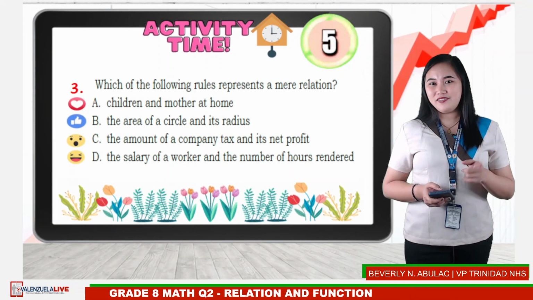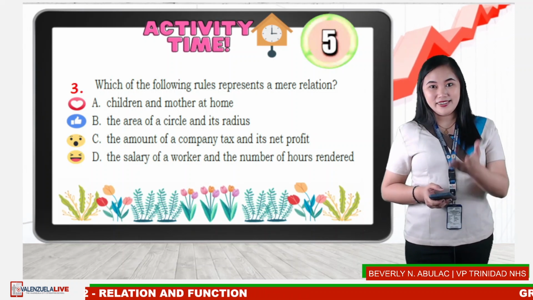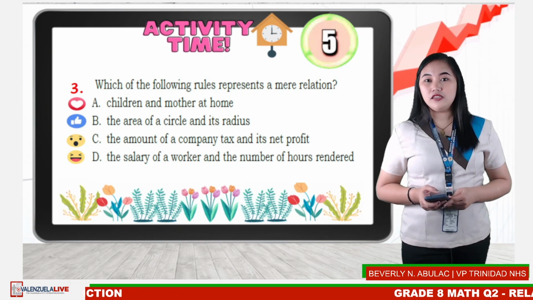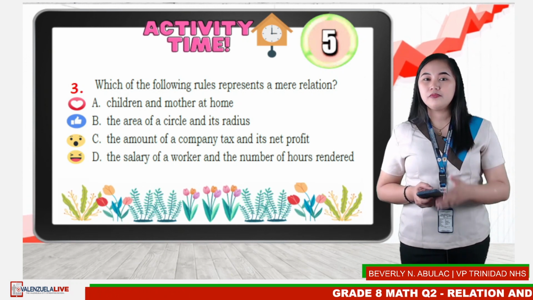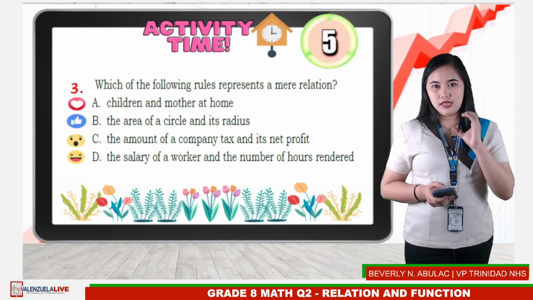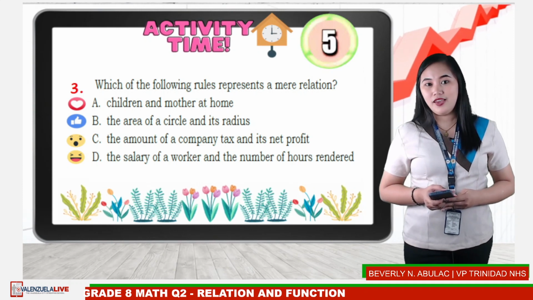Next, question number 3. Which of the following rules represents a mere relation? A. Children and mother at home. B. The area of a circle and its radius. C. The amount of a company tax and its net profit.